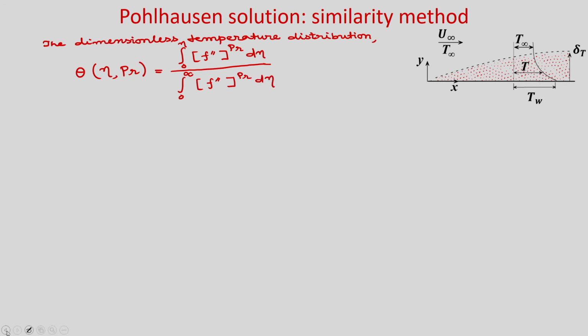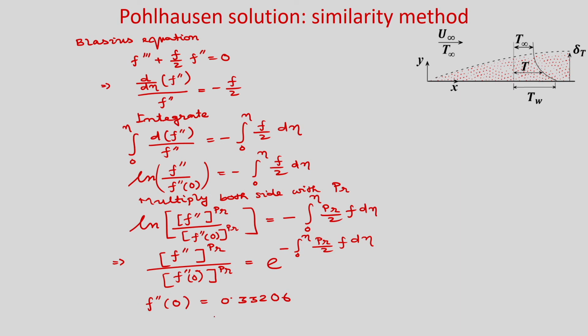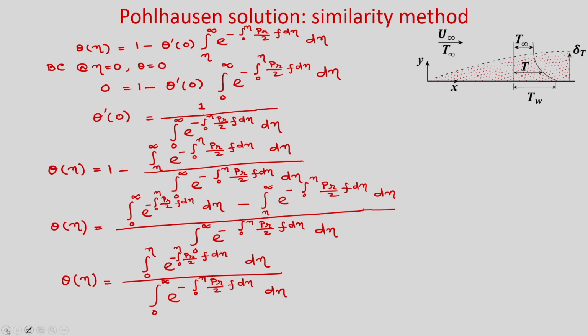So, you can see here in this expression, obviously f double prime 0 to the power Prandtl number is there, and whatever expression we have got here, e to the power minus integral 0 to eta Prandtl number by 2 f d eta.